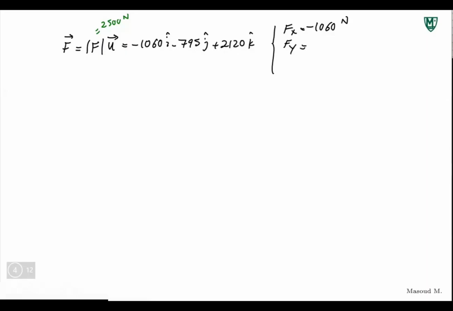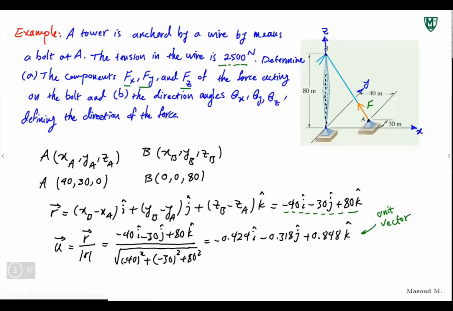Fy is minus 795 newtons, I'm just putting the components separately so it's more clear. And Fz is 2120 newtons. So we get 3 components. Now, once you have these components, the rest is easier. That's what you were asked in the first part: A was the components Fx, Fy, and Fz of the force acting on the bolt. So that's what we found.